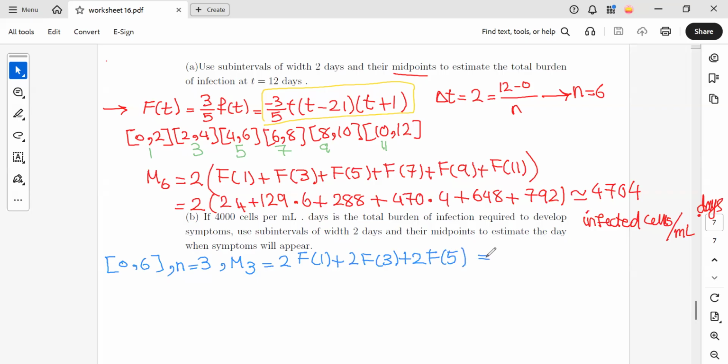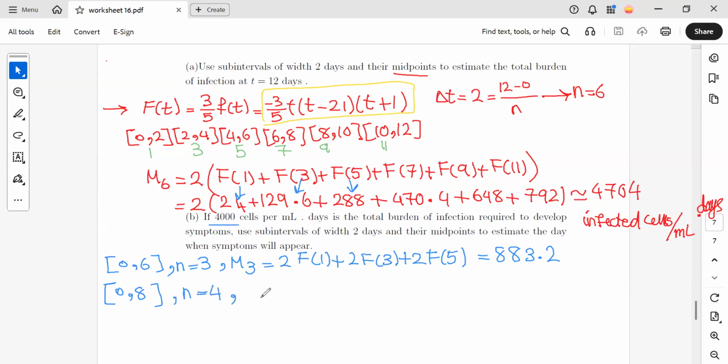And the numbers, as we talked before, we have the amounts here, like 1 here, 3 here, 5 here. We can use these numbers. And using a calculator, you get 883.2. So this number is way less than 4,000. We would increase the interval in order to get 4,000 or more. So let's find 0 and 8. You can jump to 0 and 10 or whatever.